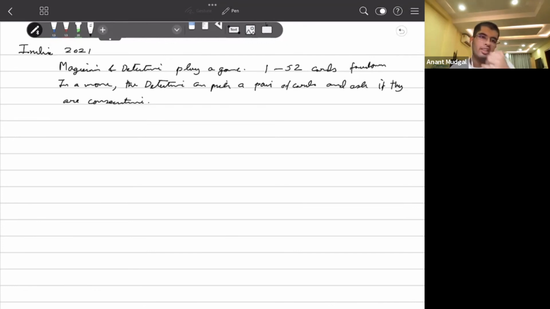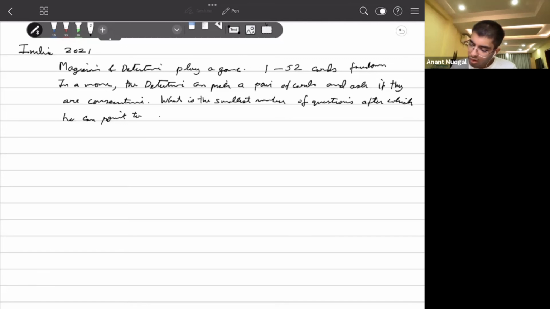And what's the smallest number of questions after which you can point to a pair and be sure they're consecutive?